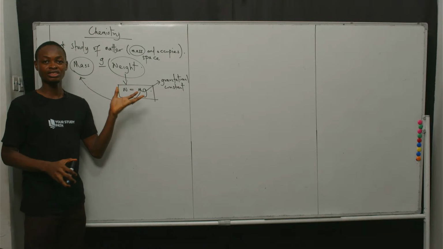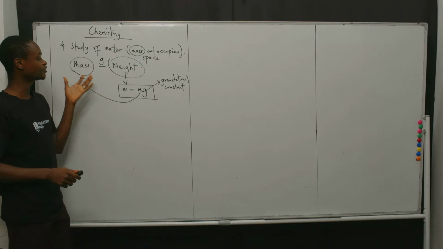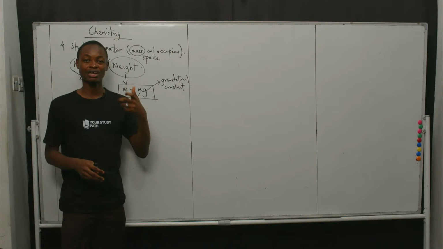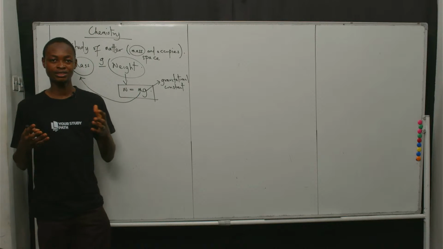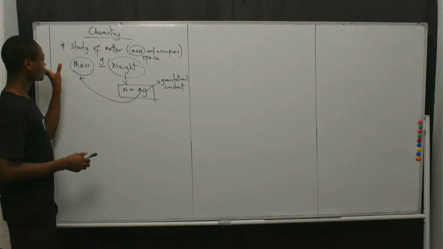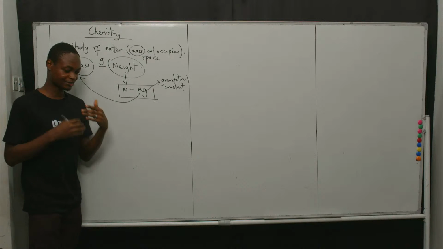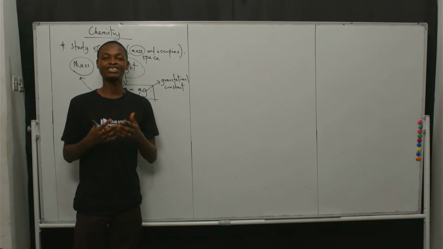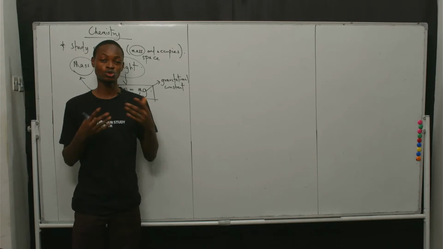So this is why it is very, very important that whenever we define matter, we define it as anything that has mass and occupies space. Now, for this study of matter, what are the different realms or what are the different ways in which we can effectively study chemistry, study matter?